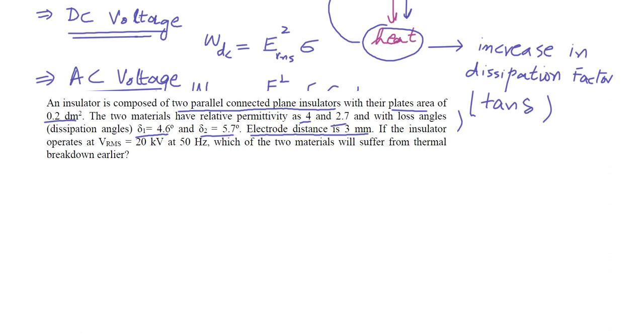If the insulator operates at an applied voltage of 20 kV at 50 Hz, which of the two materials will suffer from thermal breakdown earlier? So now let's draw the geometry.